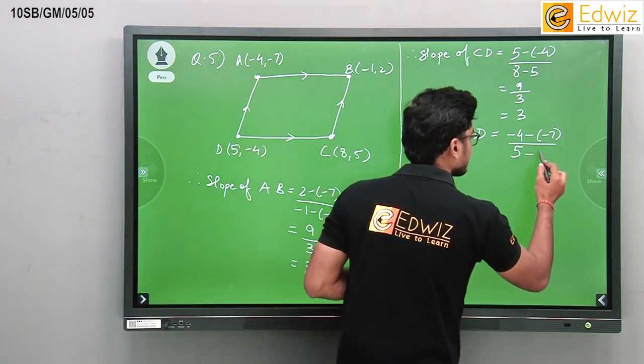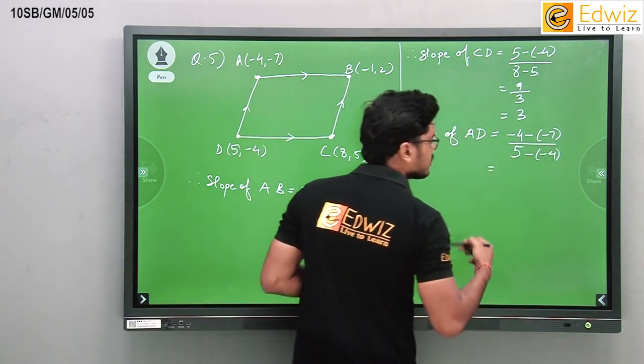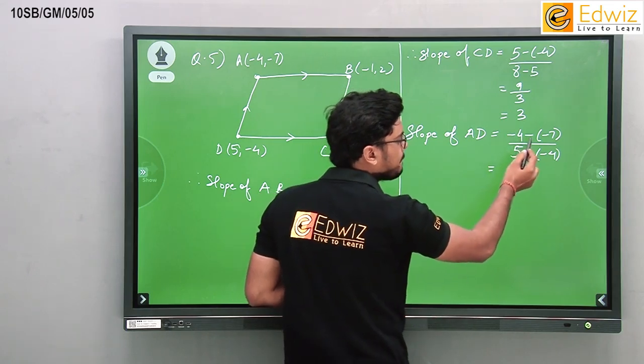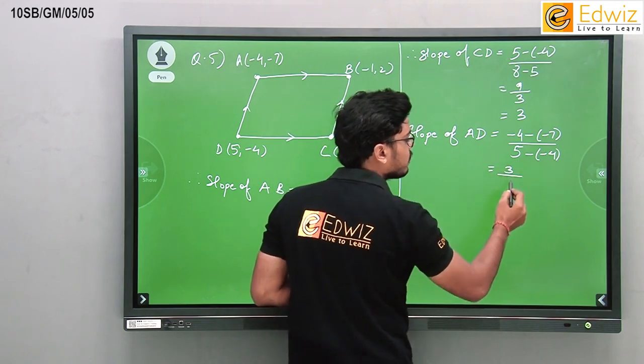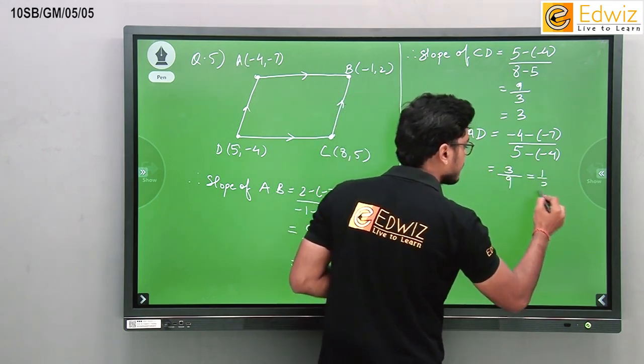So this will be equal to minus 4 plus 7, that is 3, divided by 5 plus 4, that is 9, that is 1 upon 3.